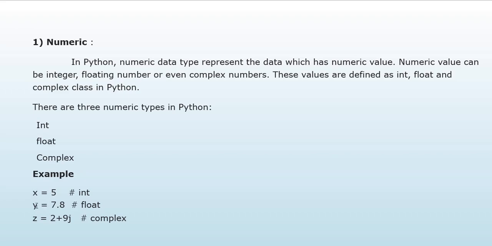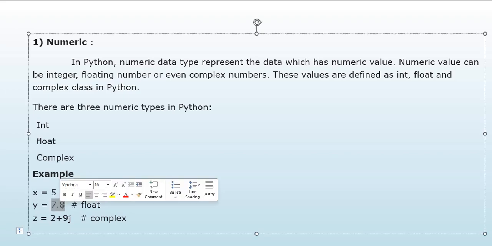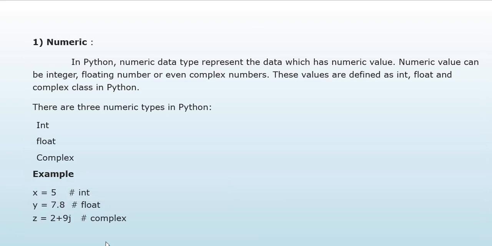The next, y is the name of the variable in which I want to store 7.8. Here, this is the float number. So float means what? It contains the whole part as well as the decimal part. So here this data type is what? Float. This data will be stored inside this y variable.